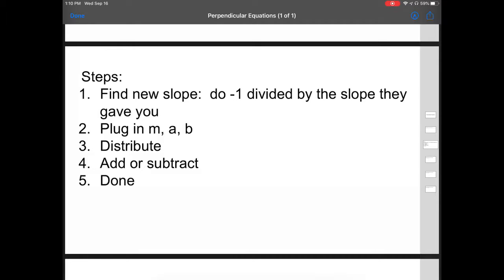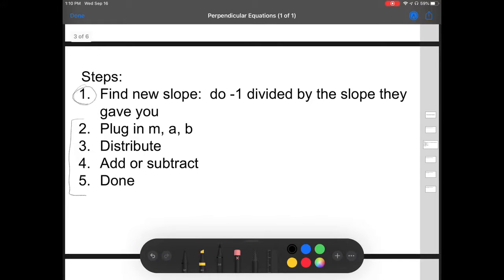And so these are the steps that we're going to use. If you look at it, 2 through 5 are what we did yesterday, and 1 is the new step. The new step is you have to find your new slope. Last time we just used the one they gave us. This time we have to find the slope. What you do is you do -1 divided by the slope that they gave you, which you'll get from the equation, whatever's next to the x.